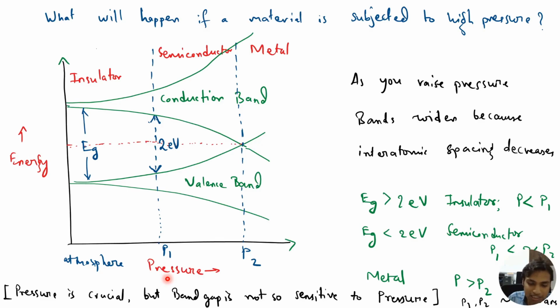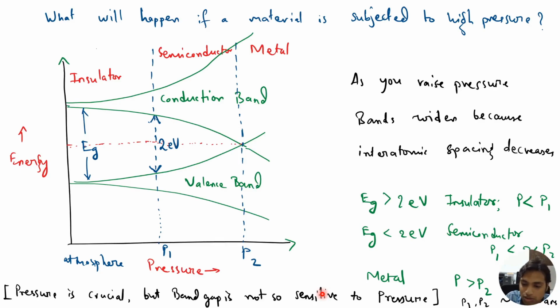But we have to keep in mind that the range of pressure is of the order of 10 to the power 6 atmosphere. So it is not that sensitive to pressure, because it is very difficult to create 10 to the power 6 atmosphere. This can matter if you are sending a semiconductor device from Earth to some other planet or some other region where the pressure is orders of magnitude more.